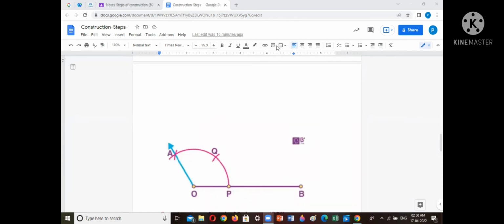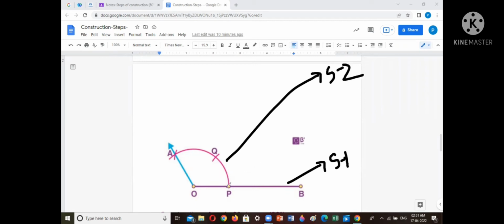Now let me brief again: this one is our step 1. Then to make an arc and name that new arc point as point P is our step 2, and from the point P we make a new arc, say Q, that is our third step, and to make one more arc from the point Q and name that as point A is our fourth step.